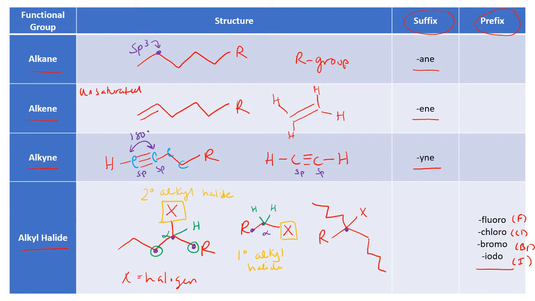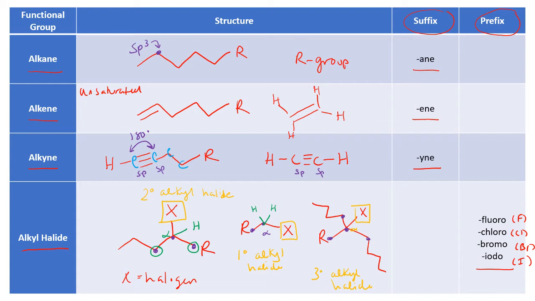So here's our alpha position where our alkyl halide is bonded to. And then we want to look at the number of carbons directly attached to that alpha position. We got 1, 2, 3. So this is an example of a tertiary alkyl halide. So those chains that I drew, the length doesn't matter.